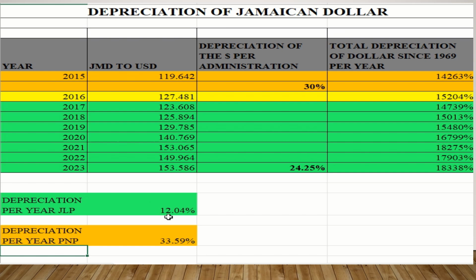The PMP should be double or triple ashamed of themselves because the dollar has depreciated by 33.59% per year under the PMP for every year that they have been in power from 1969 until 2023. Now, obviously, some years it was more, some years it was less, but the average depreciation per year is 33.59%. Well done, Mr. Politician Man.